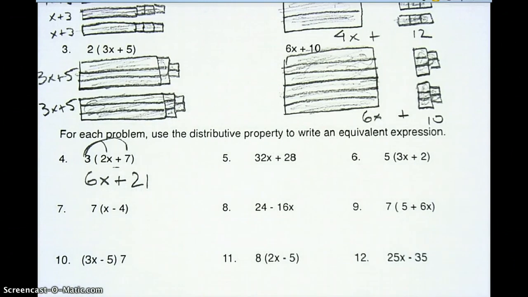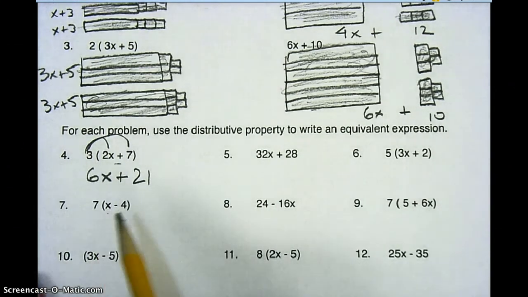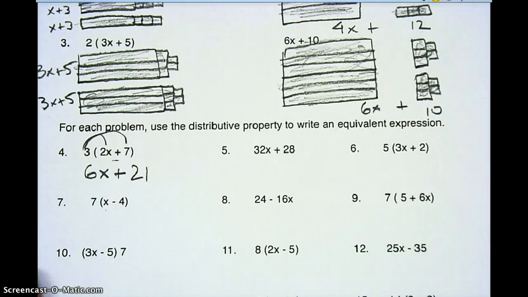Now I'm going to do the exact same thing for any of the problems with parentheses, no matter if the number comes before or after the parentheses. What I'll do, I'm actually going to do probably about 5 of these for you. If I look at this next one, I have 7 times x. Well, that's kind of confusing because I don't know what x is. But when they just say 7 times x, that means 7 times 1x.